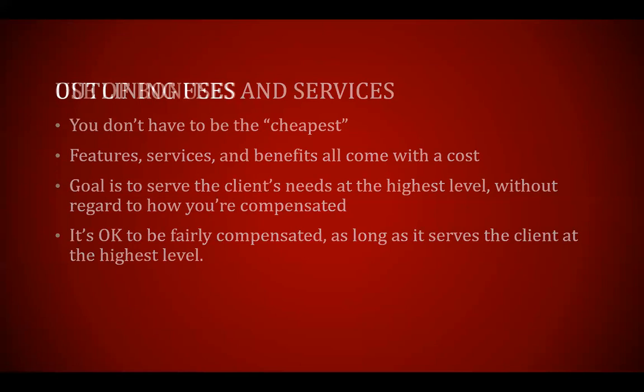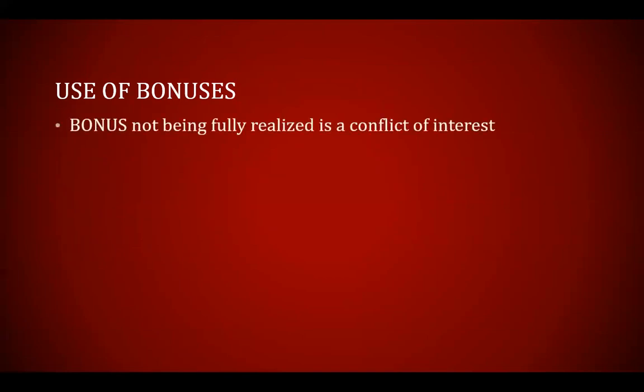Now, another area that's going to be important going forward is the use of bonus products in annuities. And as we look at the way bonuses have often been used in the past, carriers are going to be looking at bonus transactions a little differently going forward, because a bonus not being fully realized is a conflict of interest.